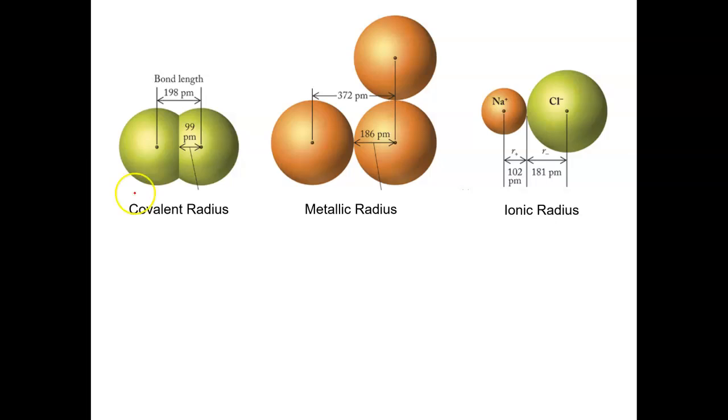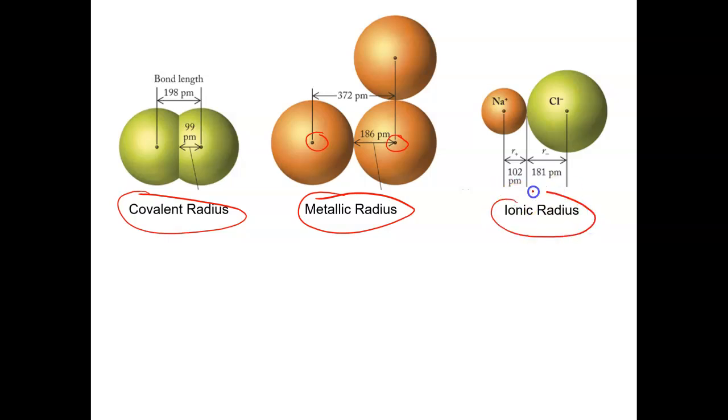So typical ways that folks will measure the radius of an atom is by measuring the distance between two adjacent atoms in a covalent compound. If the element exists as a crystalline solid, like most metals, in fact all metals except for mercury exist as crystalline solids, then we can define the metallic radius, which will be half the distance between two neighboring atoms in a metal's crystal.